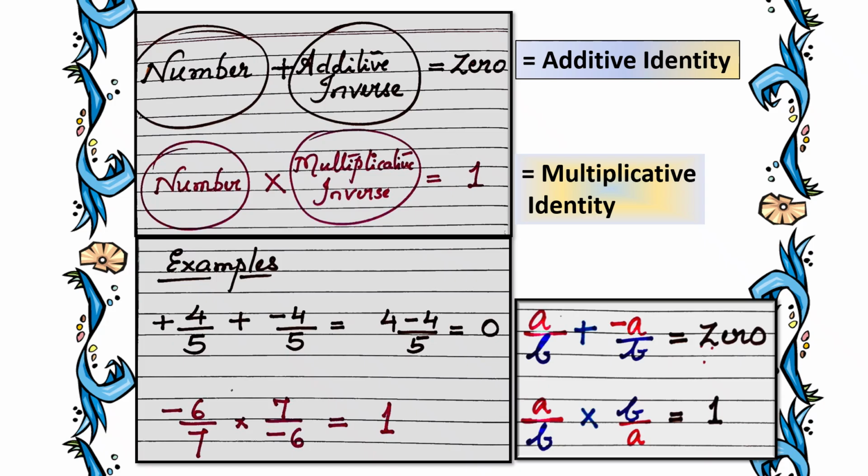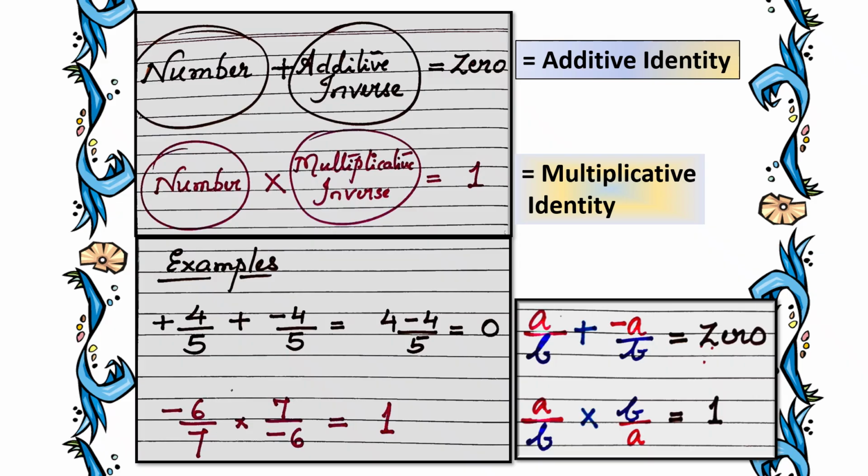In general, any number added to its additive inverse gives 0, which is the additive identity. Also, any number multiplied by its multiplicative inverse gives 1, the multiplicative identity.